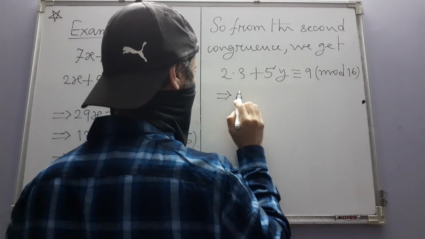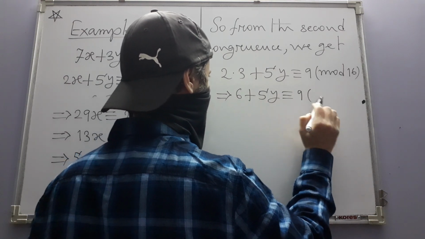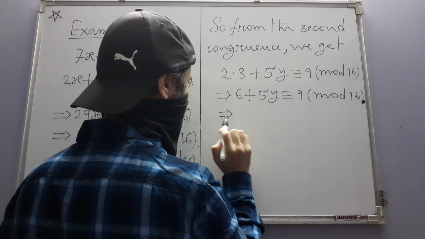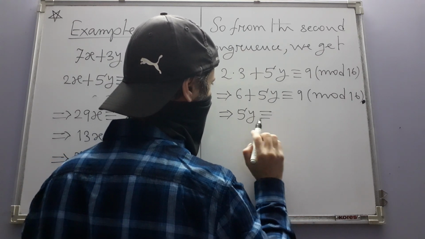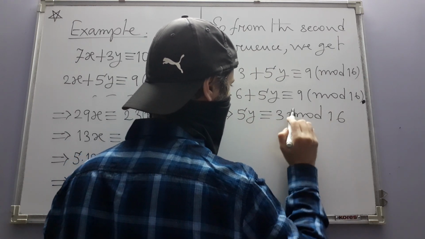This means 6 plus 5y is congruent to 9 mod 16, and that means 5y is congruent to 3 mod 16.